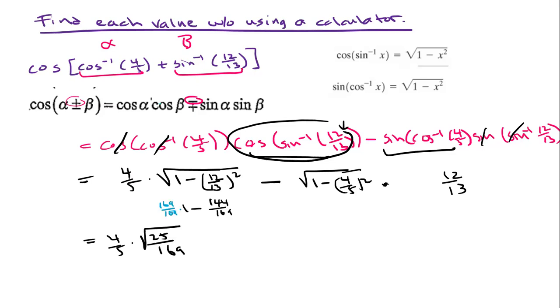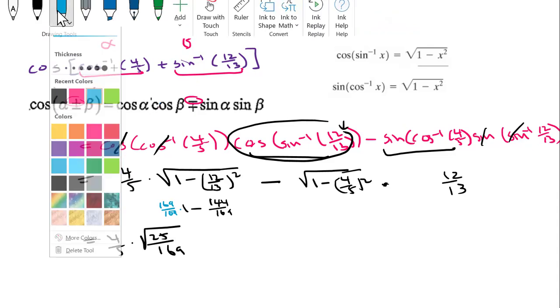Remember, for that one, just multiply 1 by 169 over 169, so 169 minus 144 gives us that 25, and we still have the same denominator.